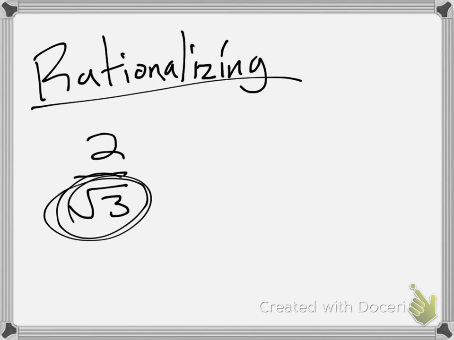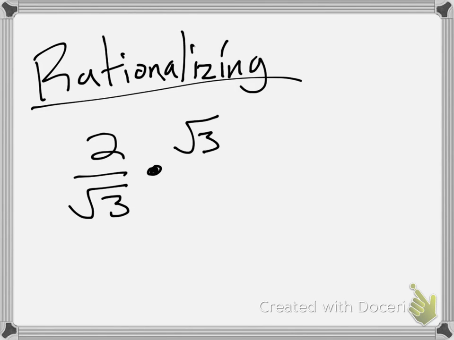We never want to leave a radical in the denominator. So we would get rid of it by rationalizing, meaning we'd multiply by the square root of 3 over the square root of 3, because we know that the square root of 3 over the square root of 3 is equal to 1, because anything divided by itself is 1, so technically we're only multiplying this fraction by 1, we're just changing how it looks.